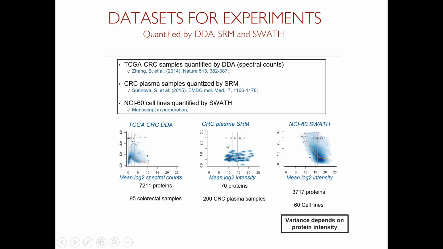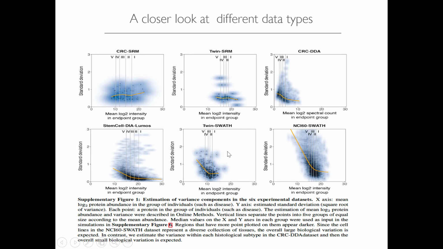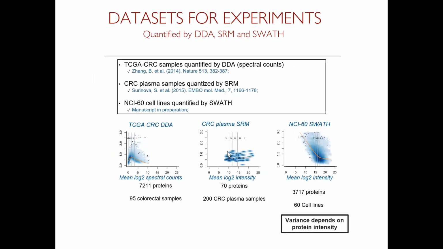And the reason, of course, is not that this breaks the analytical law, but the proteins for SRM are usually highly selected to be well-behaving, high signal to noise. So they're pre-selected by the person who measures them, and in that regard not a typical analytical technique. Of course, if you go very low down, you will also see noisier data. And this is data from the DDA analysis, and we see it does the same thing.